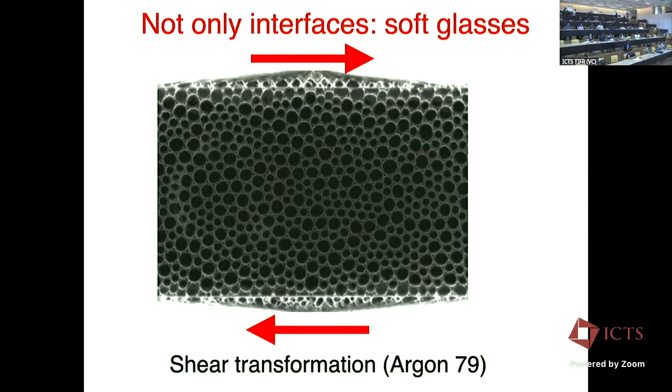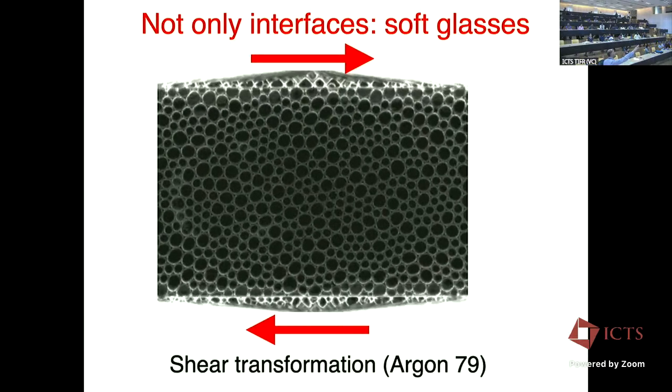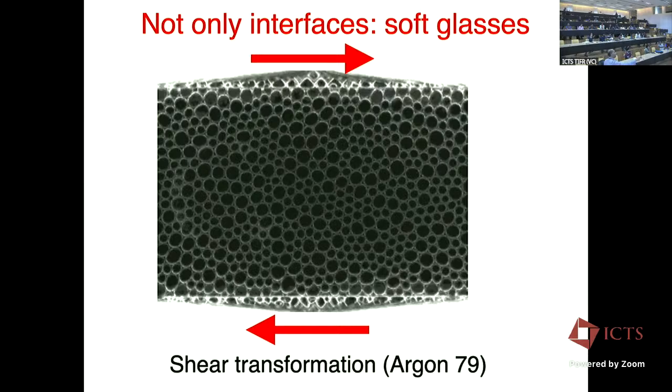Okay, so I want to show what I showed yesterday. This is the soft glass. And actually what is going on here is that people used to say that this blinking that I told you about, these plastic events, are like the traps of my model. So we usually use this kind of model. It's just that the interface is what is called the plastic strain. And when you have a plastic event, you just jump to the next one, exactly like this.